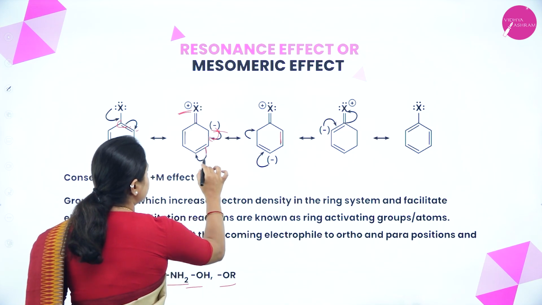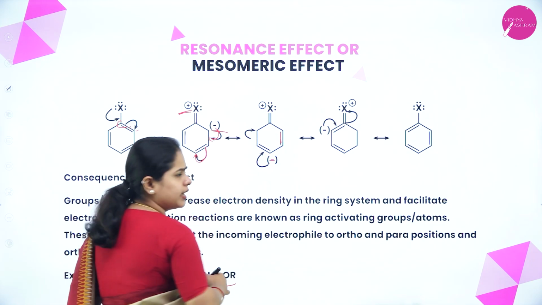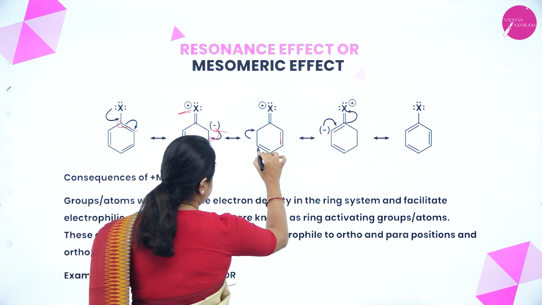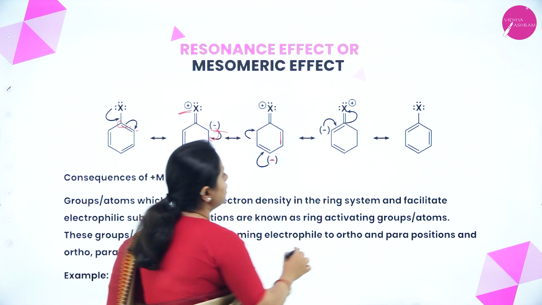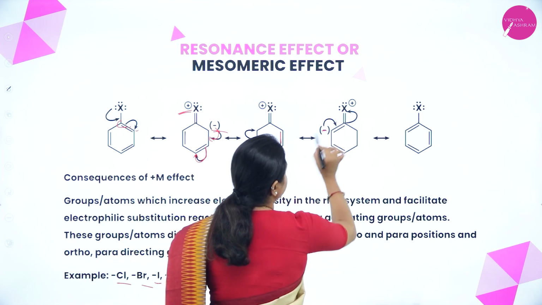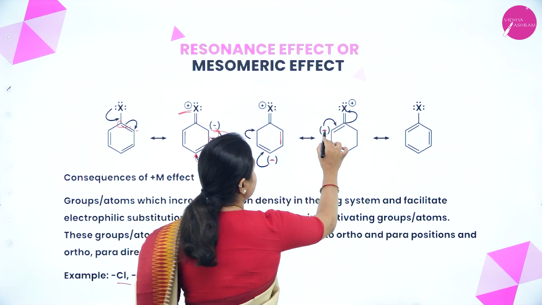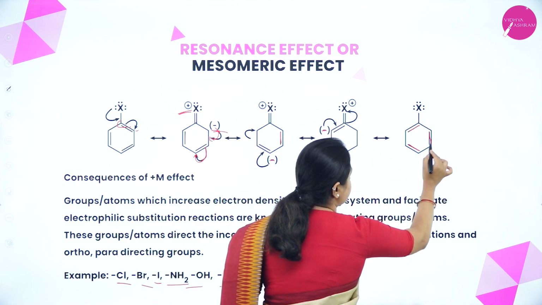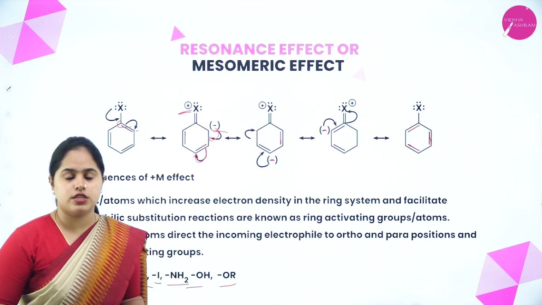Right, and this double bond is shifted to this position, again a negative charge in the para position. Right, and from here further the double bond is shifted here, so again the negative charge will be here. Right, and the negative charge is further shifted here, you can see the double bond will be in these positions. Right, so these are the resonance structures.